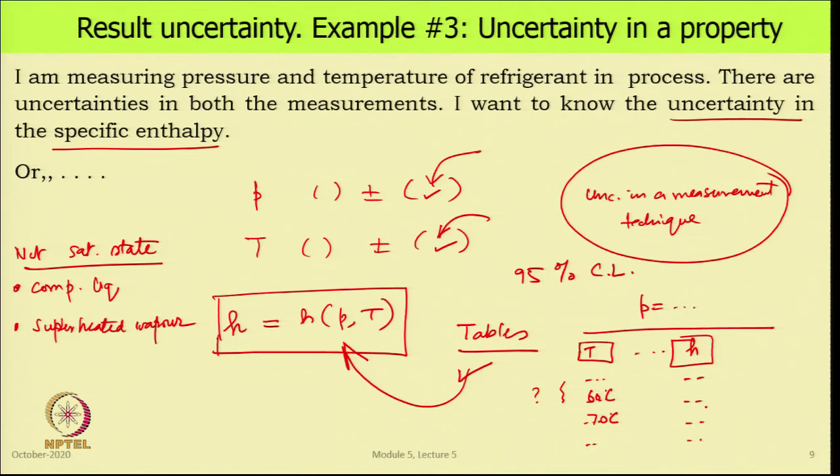And using this data, we want to calculate the uncertainty, which is capital U H bar. For that, we have to first calculate the standard uncertainty, which is small u H bar.